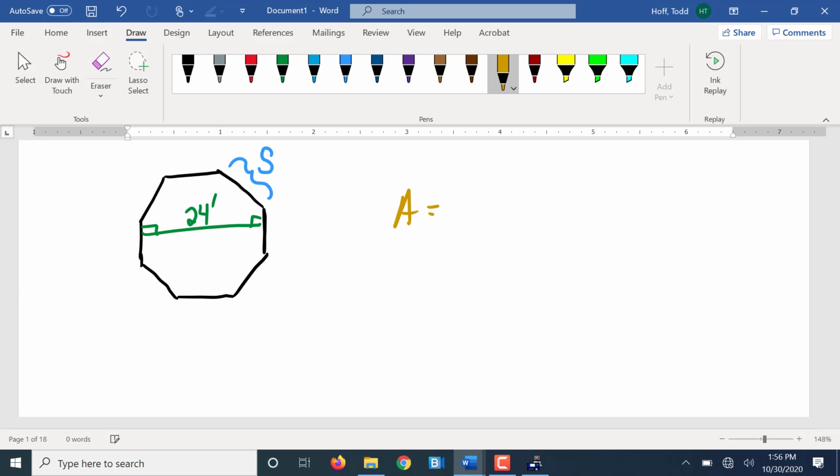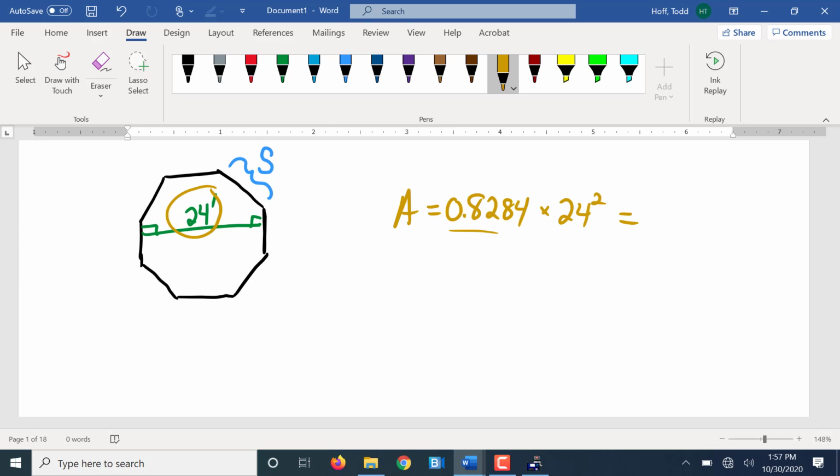So how do we find the area of this? Is 24 the flat, the side, or the diagonal? It's the flat, so it is 0.8284 times the 24 squared, which gives us an area of what? That's a formula out of your packet, page 170.